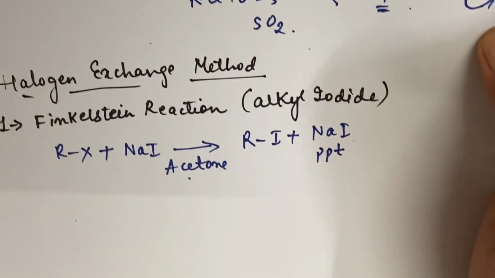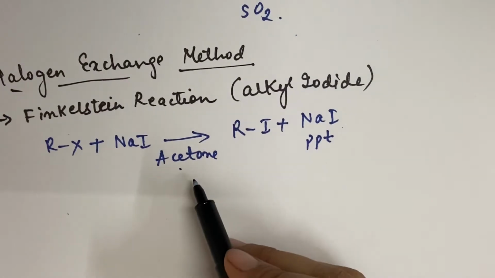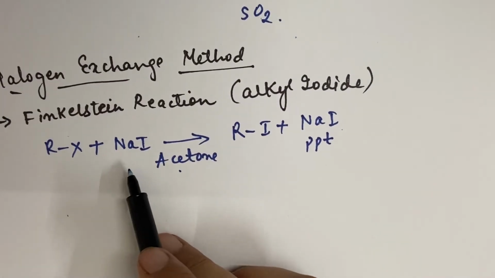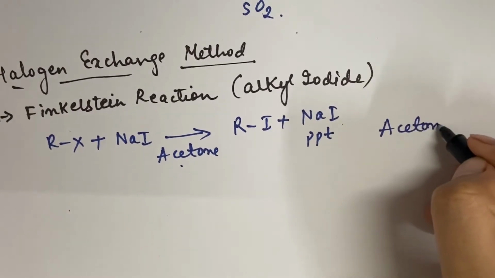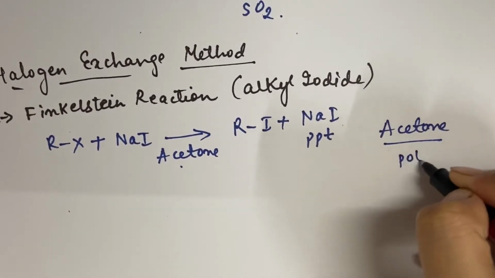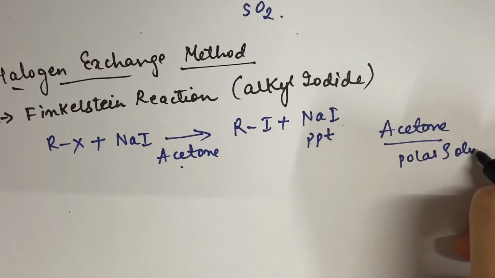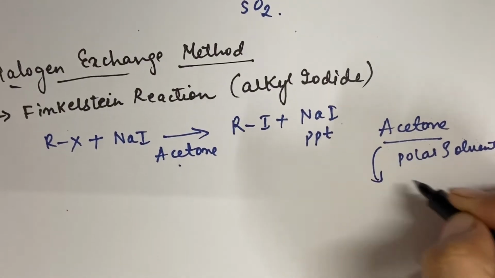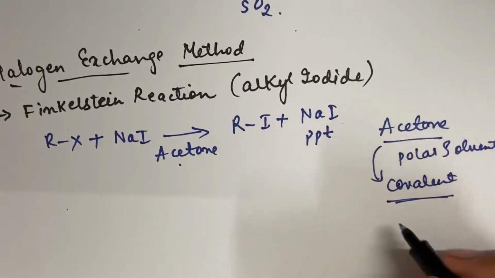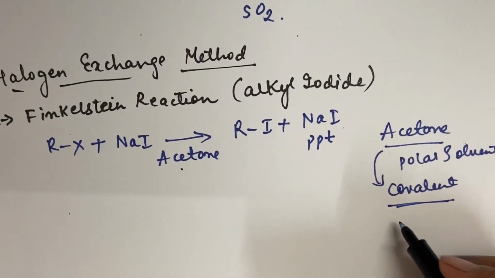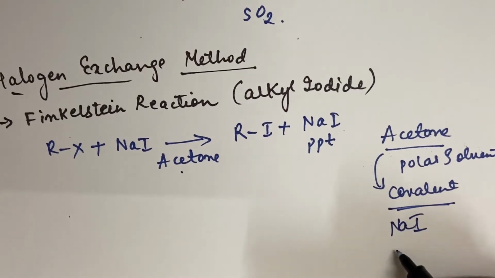Okay, so we are using acetone in it because it will dissolve NaI, and you can write about the use of acetone. Acetone is a polar solvent, or you can say it is a covalent compound. If it is a covalent compound, it will dissolve only covalent compounds in itself. So NaI is also covalent according to the Fajans rule.